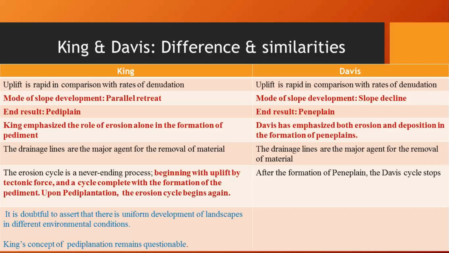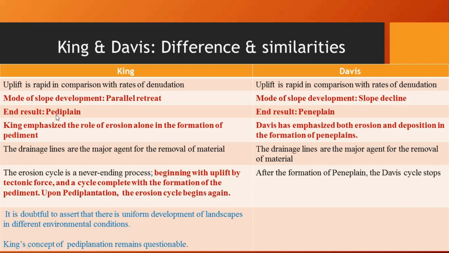Let us see the differences and the similarities. First of all, according to both King and Davis, uplift is rapid in comparison with the rates of denudation. According to King, his model of slope development is parallel retreat, while Davis believed in the slope decline theory.